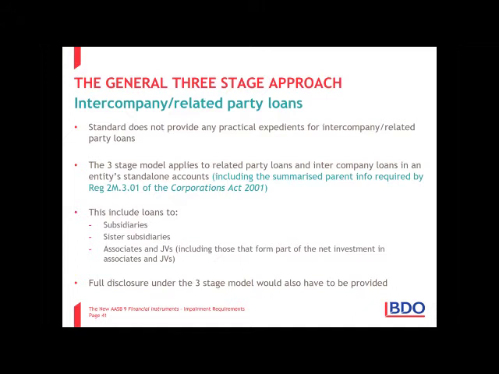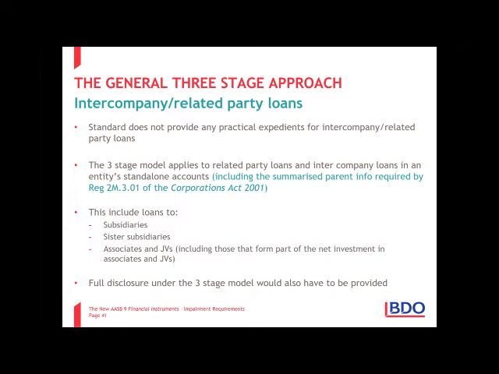Obviously on consolidated financial statements, hopefully intercompany loans would eliminate, but the three-stage model will have to be used in the parent entity accounts, and if you're not using the 4 columns, it will also be in that parent information that's in a separate note to the financial statements.